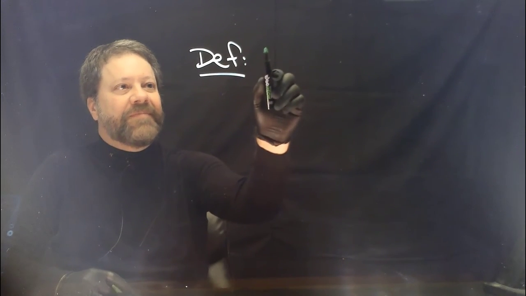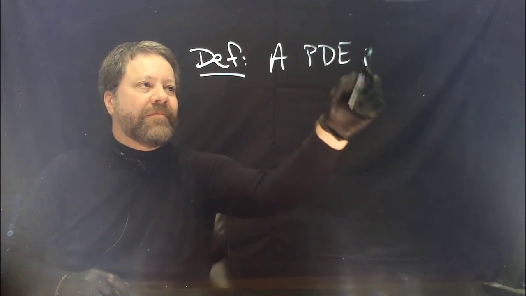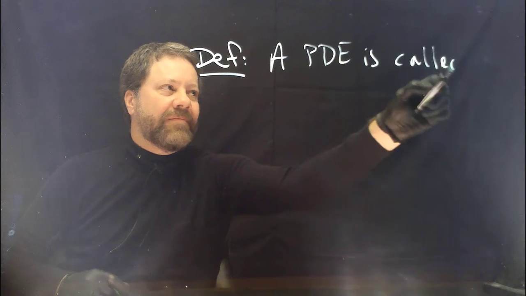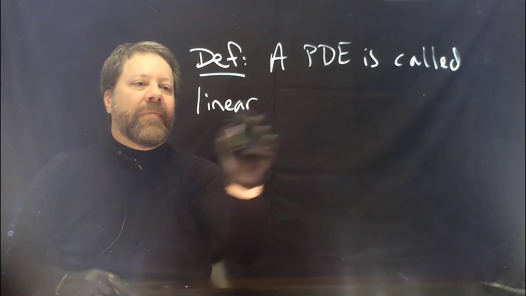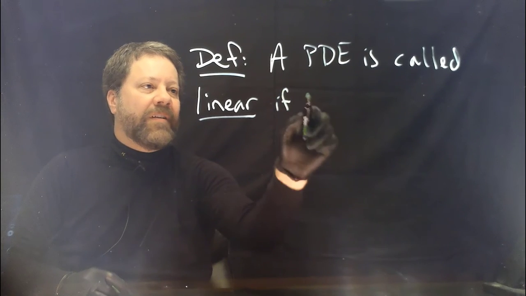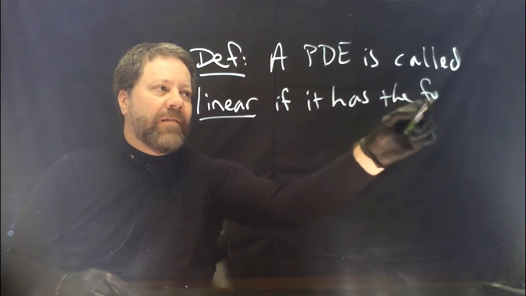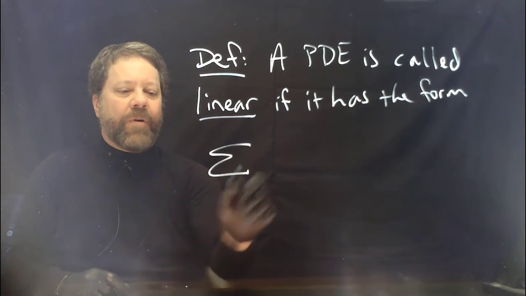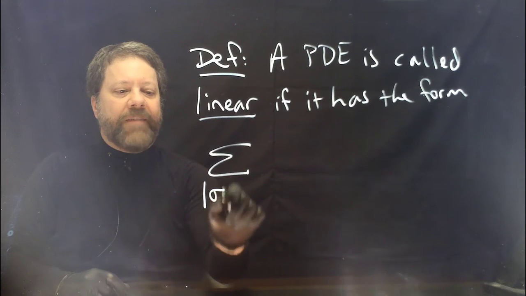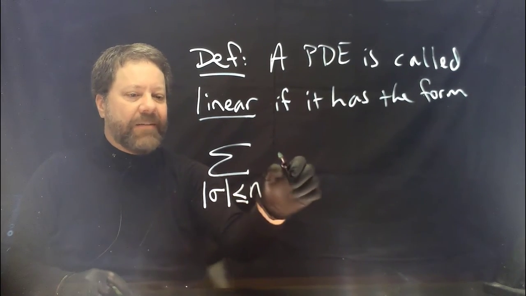What does it mean for an equation to be linear? It must be expressible in the following form. Here we'll assume that we have a multi-index of order less than or equal to n.